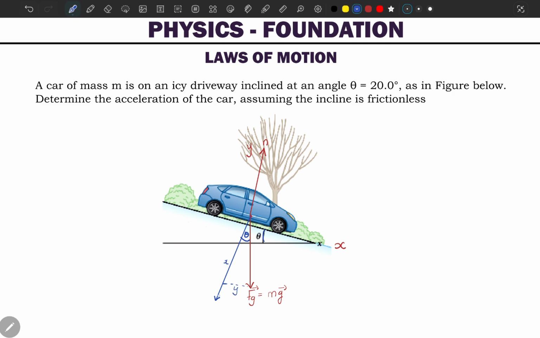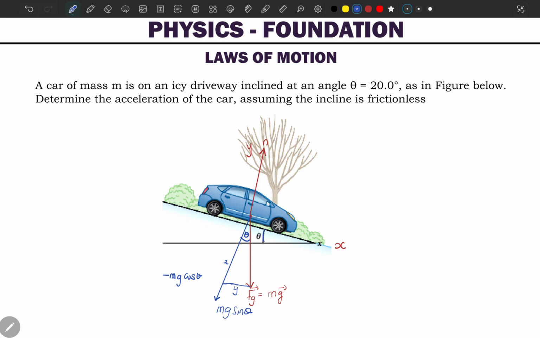Because the arrow is going down, using cosine gives negative mg cosine theta. In this other part, in the Y, I'll have mg sine theta. Remember that the Y-axis is always associated with sine theta, and the X always with what? Cosine theta.